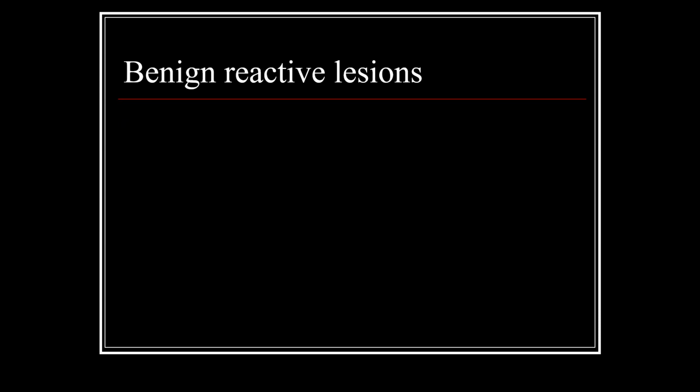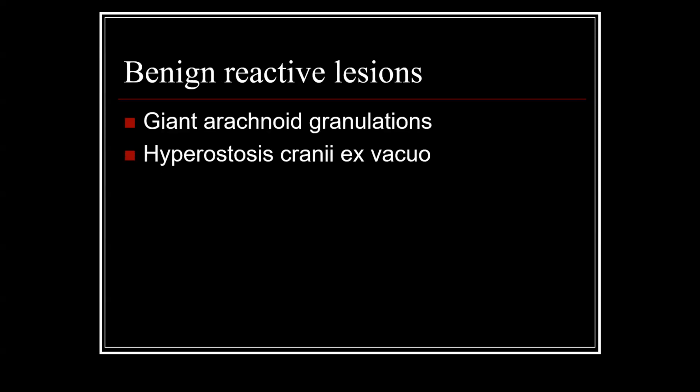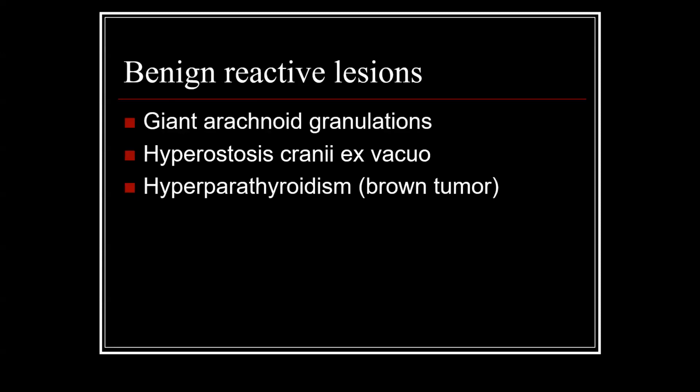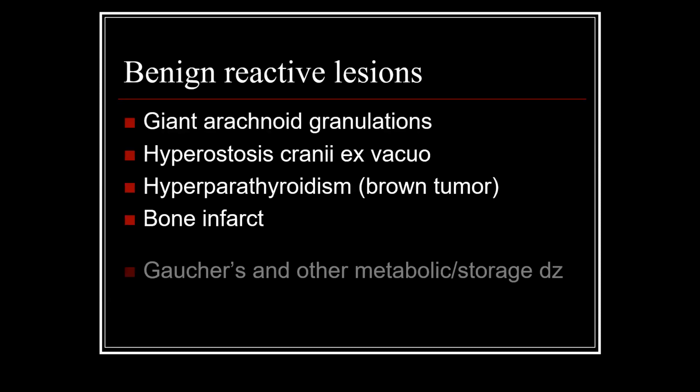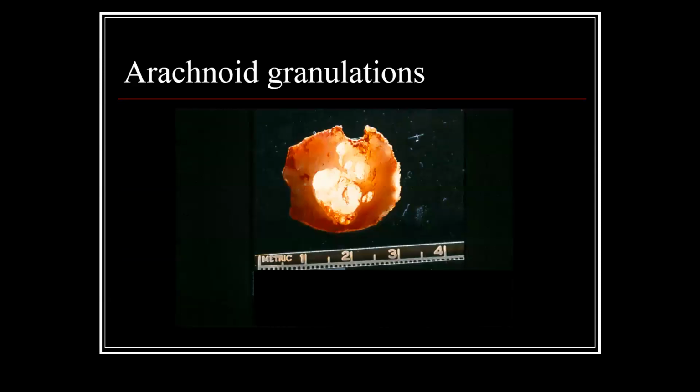All right, well, let's talk about a number of benign reactive lesions, and this will include giant arachnoid granulations, hyperostosis cranii ex vacuo, hyperparathyroidism, so-called brown tumors, bone infarcts, and then a number of metabolic diseases. So here's a rather famous case from the Mass General.